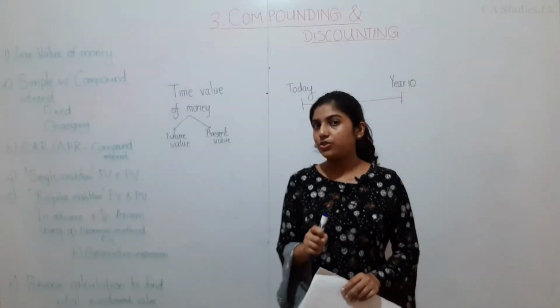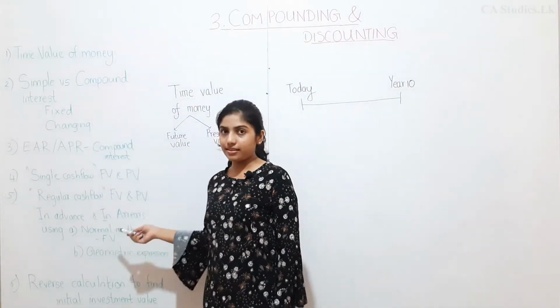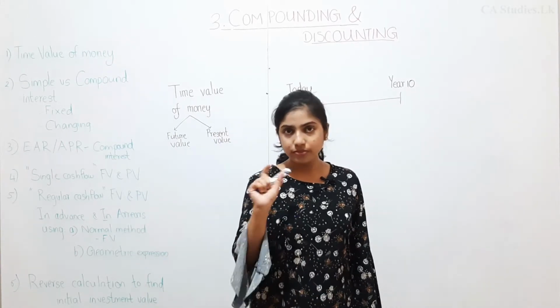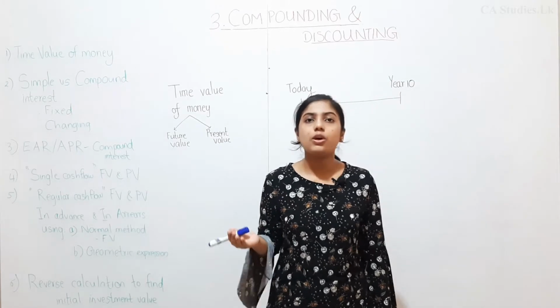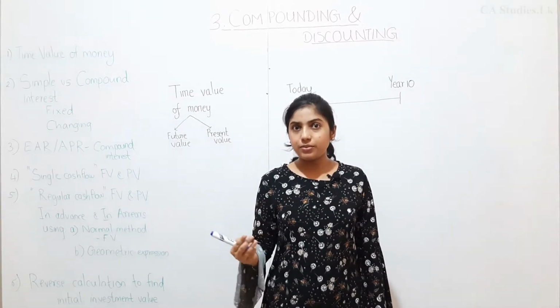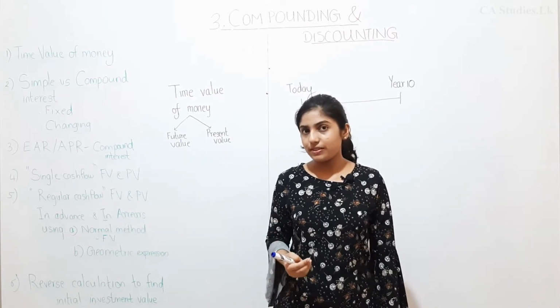Especially, a very special note: you have to know about advances and arrears. This is so tricky, they always question you. So you have to identify whether a payment is in advance or arrears in order to apply the correct formula and find your future value or present value.